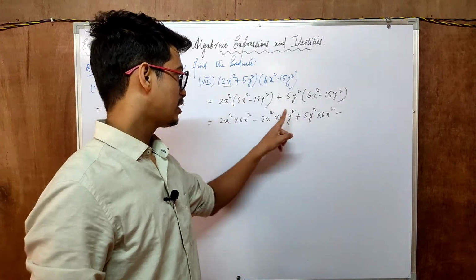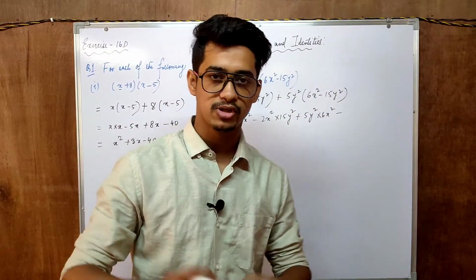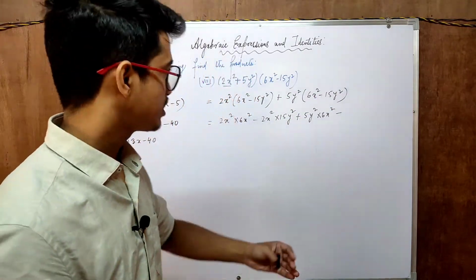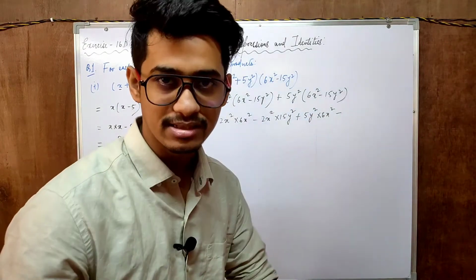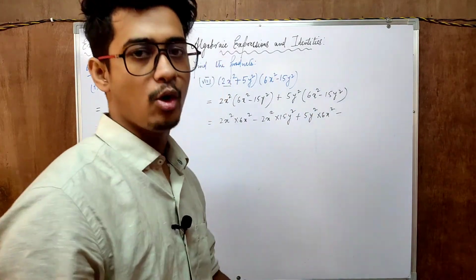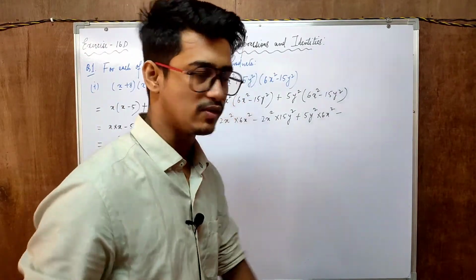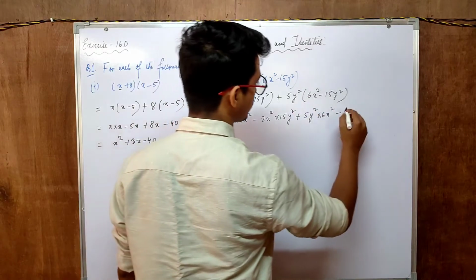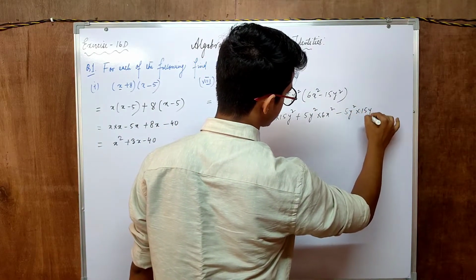Remember this sign: whenever plus comes, the signs will be absolutely the same. But if the sign is minus, then while opening the bracket these two signs will be reversed. If minus is there, plus will come. If plus is there, minus will come.